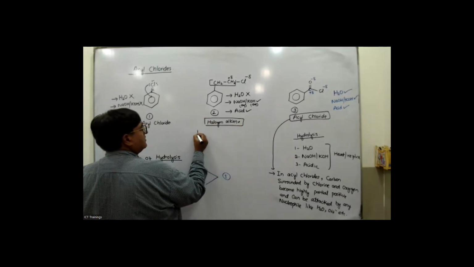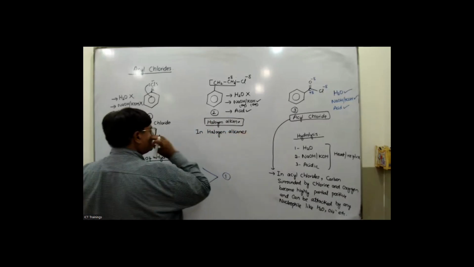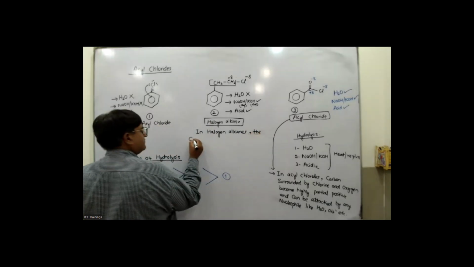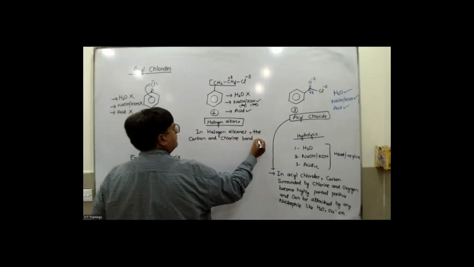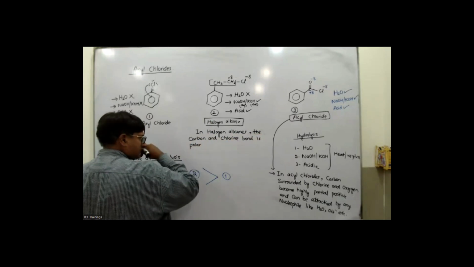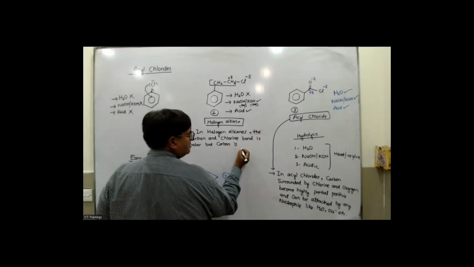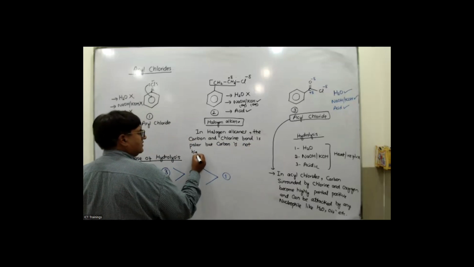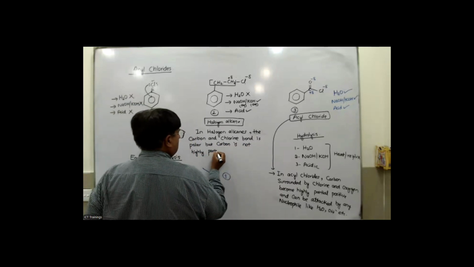Write down halogenoalkane. In halogenoalkanes, the carbon and chlorine bond is polar, but the carbon is not highly partial positive.